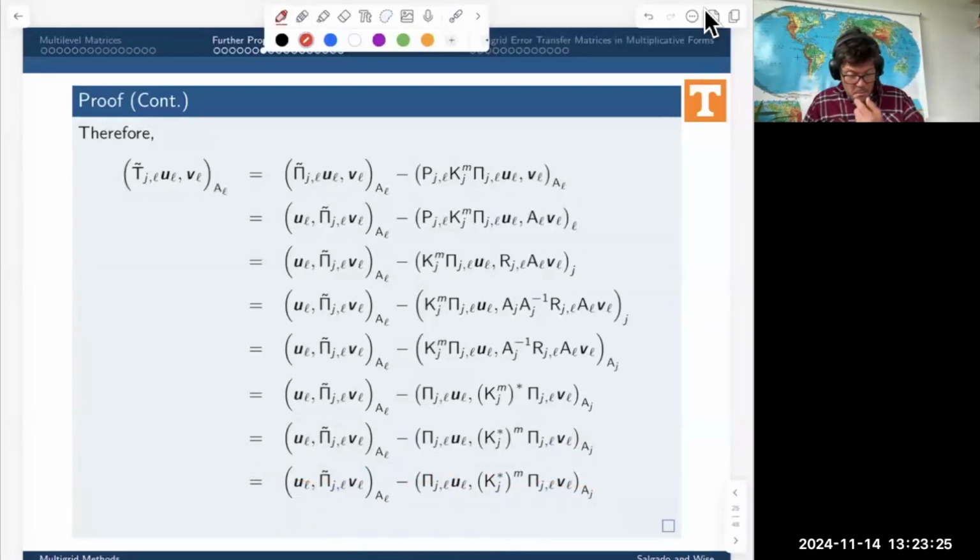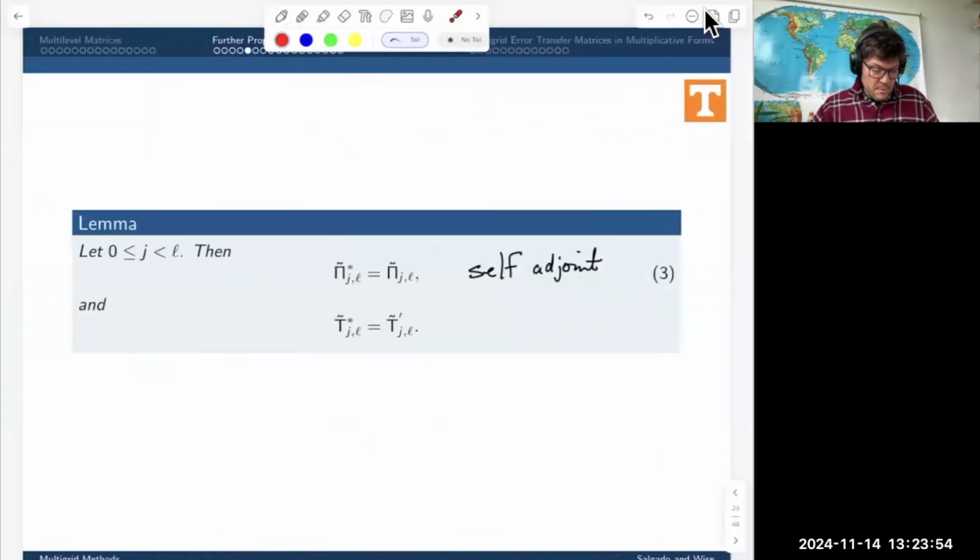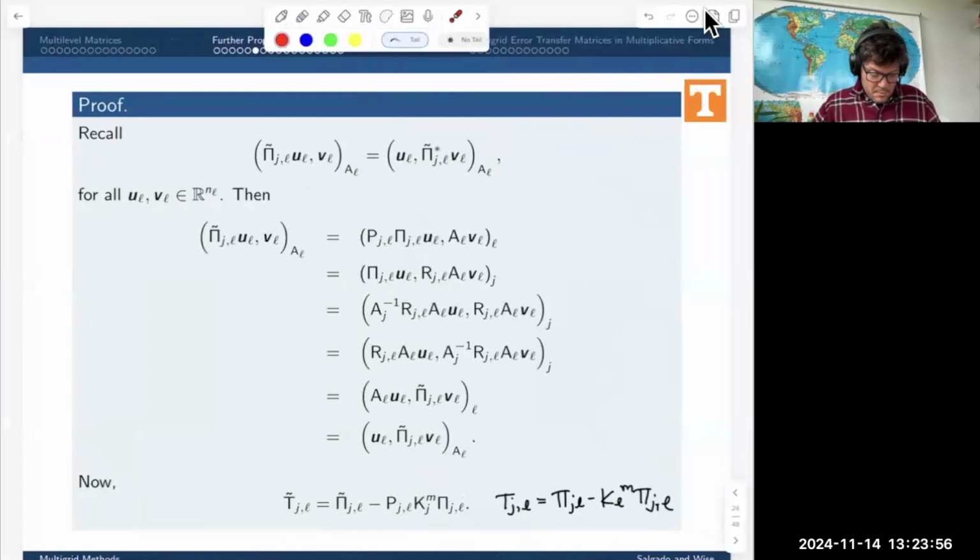Because if I really want to conclude that, I have to move everything over, right? So this has to be just a UL here. So I'm going to need to move this guy over to the other side in the AL. So is that possible? So let's think about this. There's the thing I want.